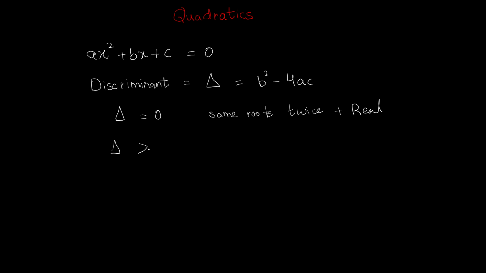If it's greater than 0, two different roots and real. But only if discriminant is less than 0, you have complex roots.